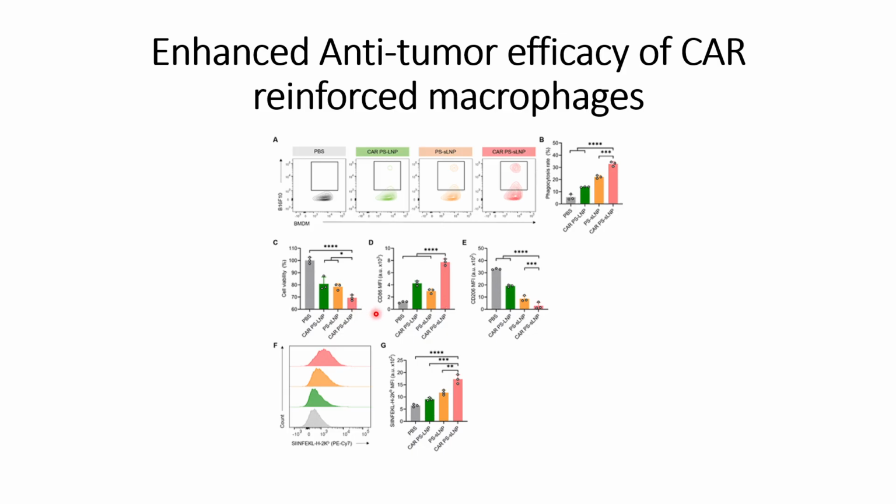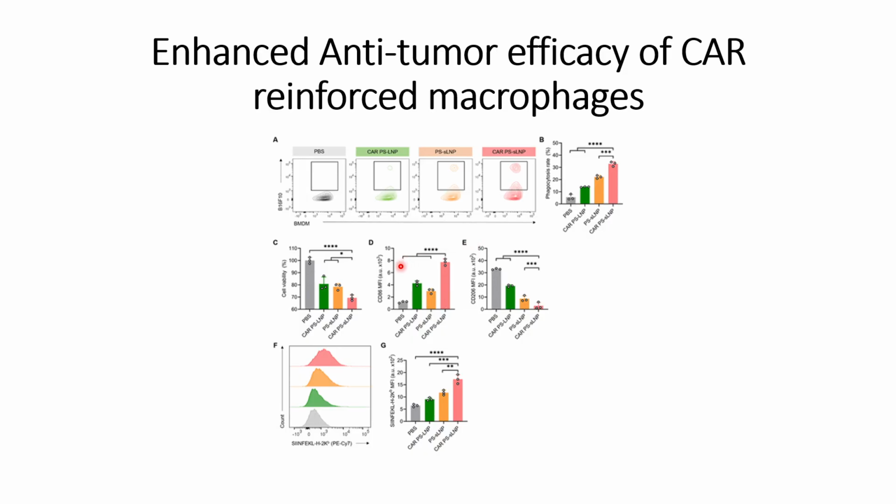So in order to check that function, once the phagocytosis by these CAR macrophages occurs, they checked whether the macrophages maintain the M2 type phenotype or the M1 type phenotype.